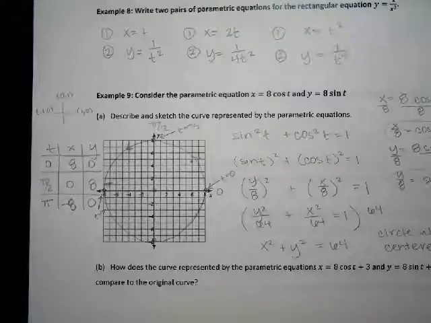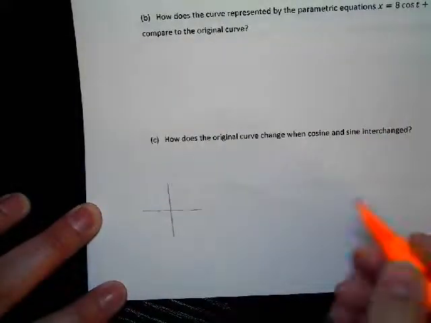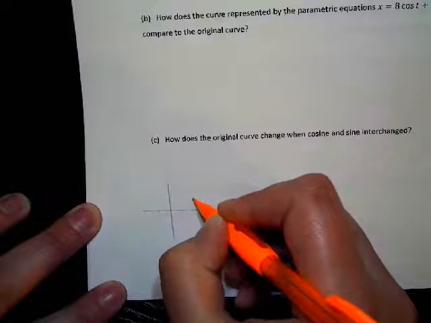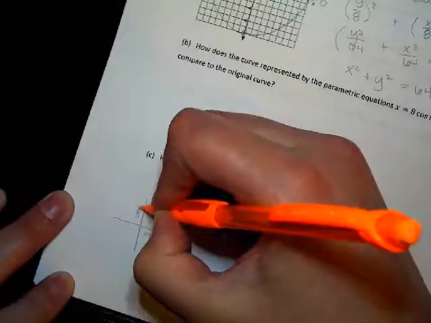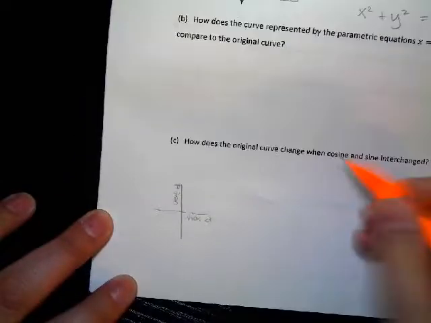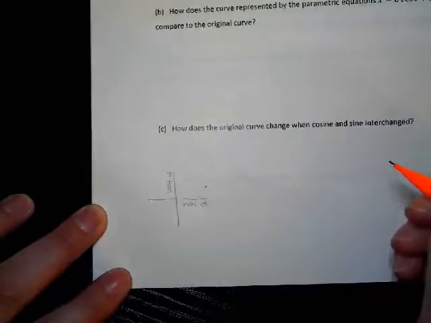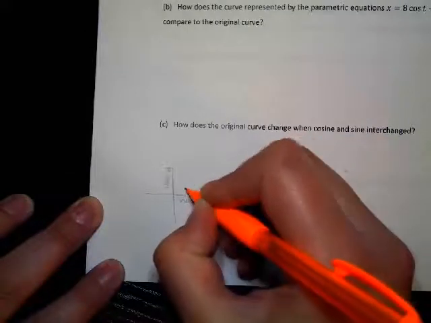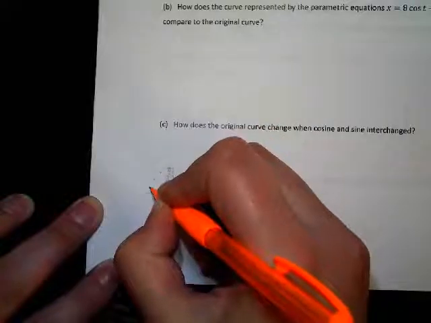So let's say we have something like this, and we have x represents horizontal distance, and y represents vertical distance, and somebody said, okay, this is time equals 0, this is time equals 1, time equals 2, time equals 3, time equals 4, time equals 5, time equals 6, time equals 7, time equals 8, time equals 9. So then they kind of follow it.